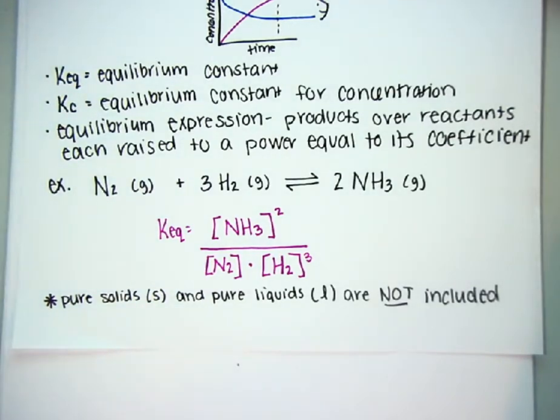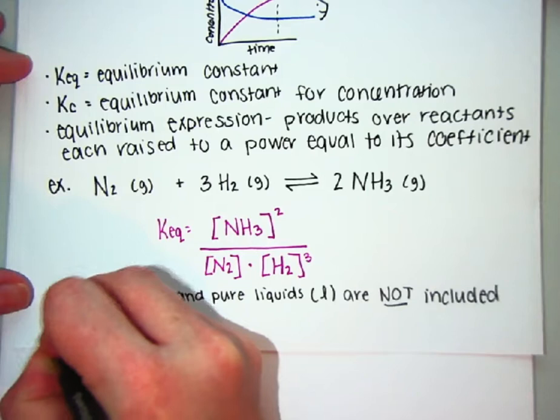If you were to compress or change the volume of a gas, that's going to alter the concentration of it. Same thing if we had a solution. We can change concentrations of solutions, but if we had something that was a pure solid or pure liquid, its concentration doesn't vary, so we don't include it in the equilibrium expression.